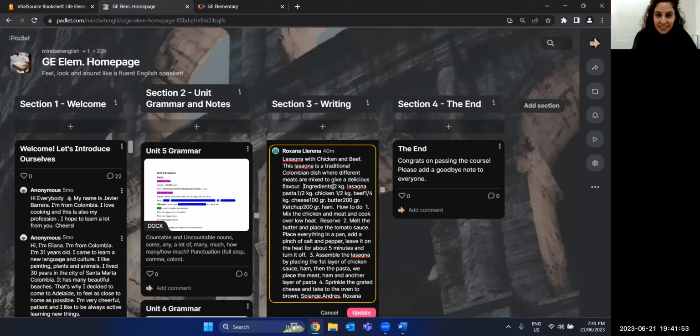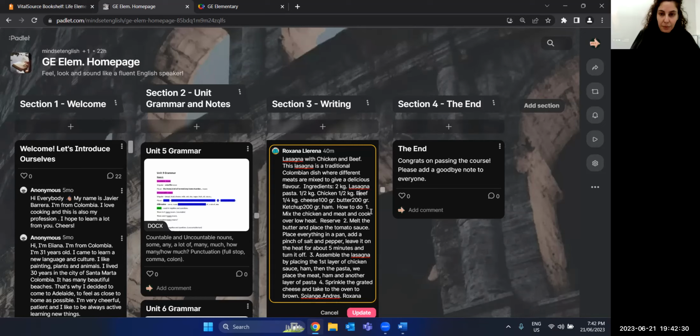Okay, nice. Ingredients. 2 kilos. So good. We've got a colon. We talked about a colon because we're going to give a list. This is a list of ingredients, what we need. 2 kilos lasagna pasta. It didn't copy. But you have to have this colon. 1/2 kilogram chicken. So our ingredients need to be capitalized. 1/2 kilo beef.